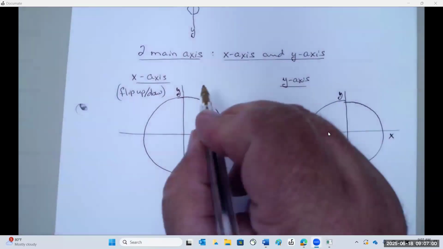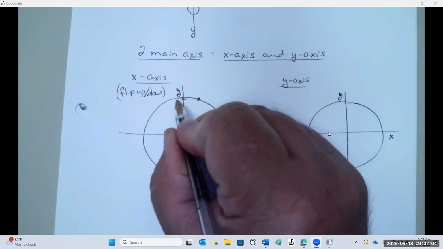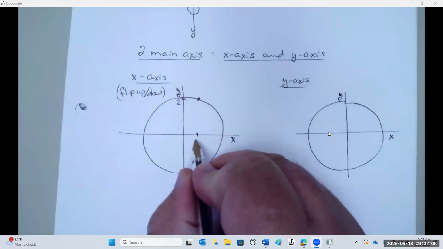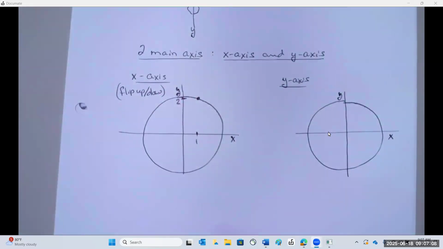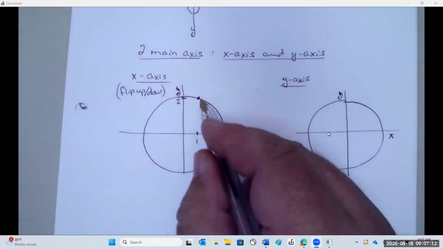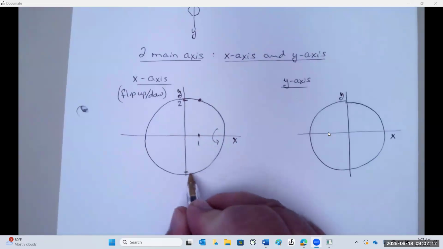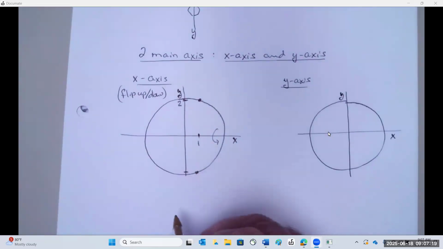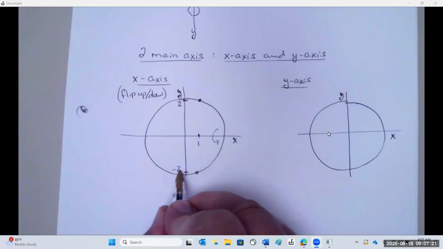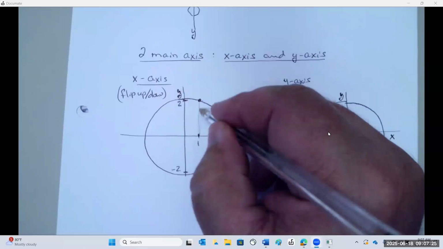Well, yeah, because let's say this point here is at 2 and this is 1. If it's symmetric about the x-axis, that means there's a mirror point on the other side of the x-axis. What would this point be down here? That would be -2, right? Because it's the same distance.